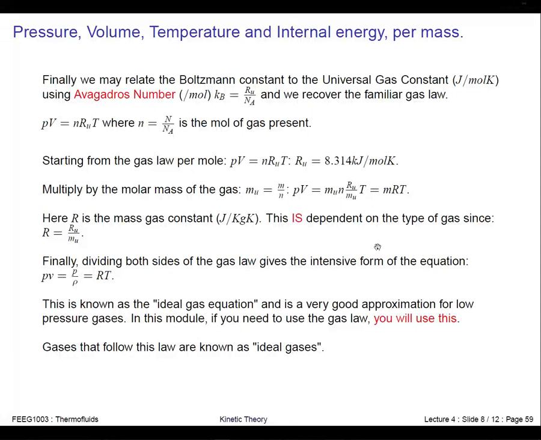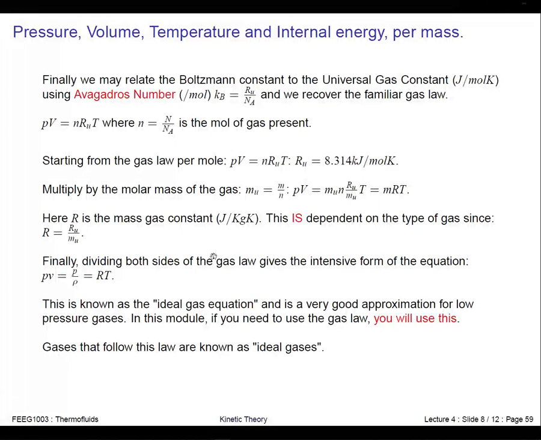If you wanted to convert this to a mass-based gas law, you apply the molecular mass. So mu is the molecular mass, the mass of a gas divided by how many moles of it you've got. Effectively you multiply and divide by the molecular mass, and you end up with PV = mRT. So m is the mass in kilos, and R is the mass-based gas constant.